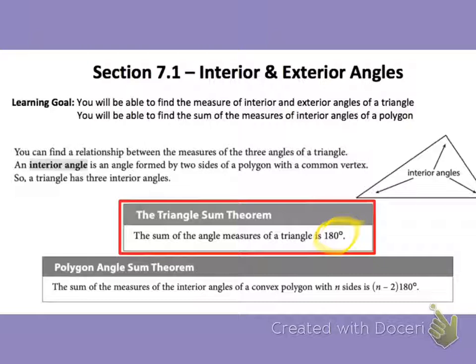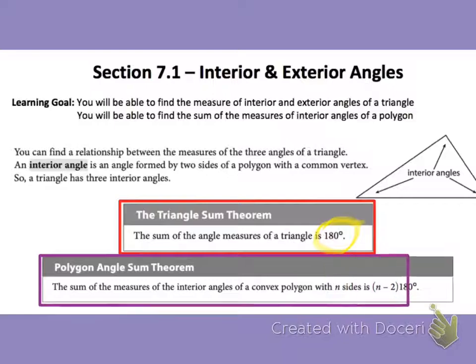Now, if we wanted to apply the information from that theorem to polygons with more sides, like decagons and things like that, we could use what's called the polygon angle sum theorem.